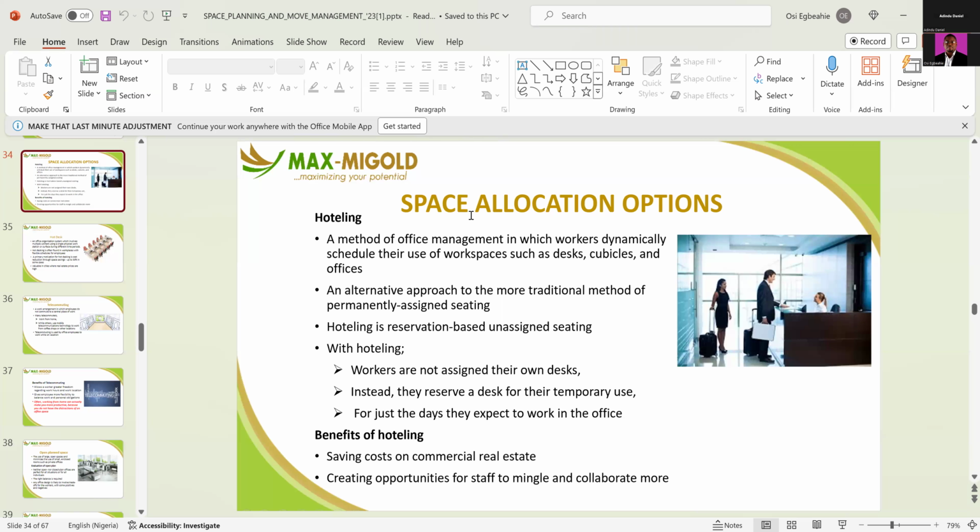Hoteling is reservation-based assigning of seats. With hoteling, workers are not assigned to their own desks. Instead, they reserve a desk for their temporary use each time they require it, for just the days that they are expected to work.